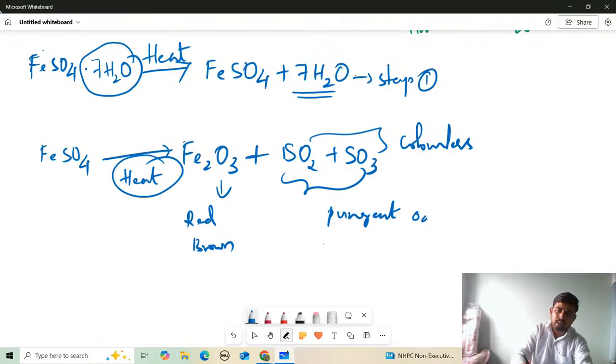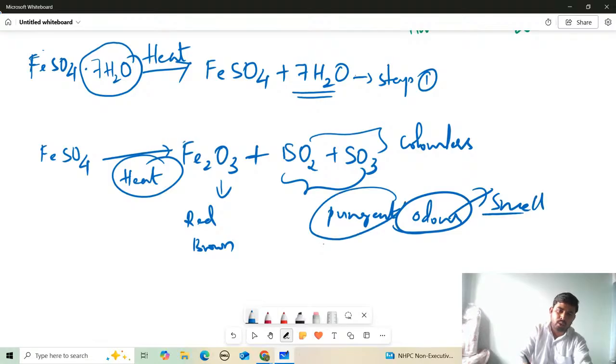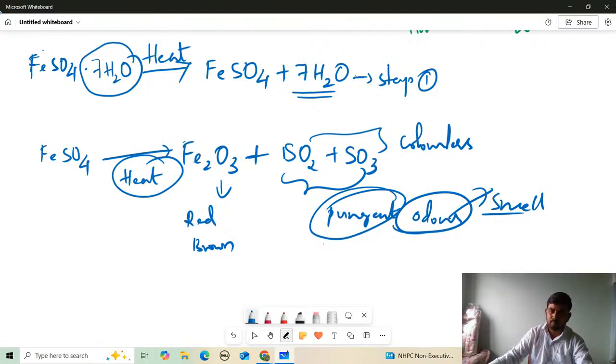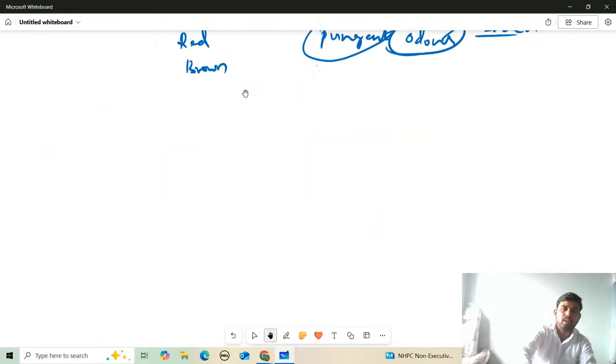In chemistry, smell is called odor. Odor means nothing but smell, and these have a pungent odor. So this is also an example of a thermal decomposition reaction.